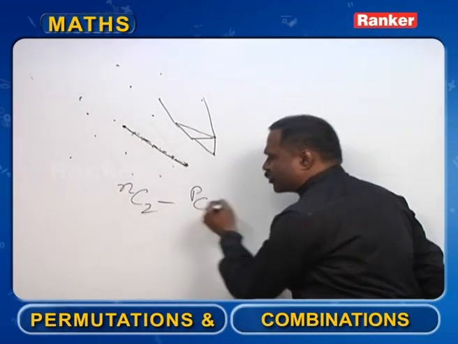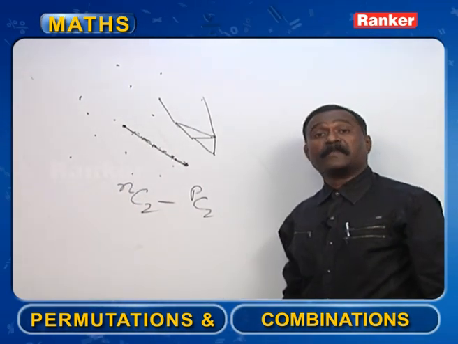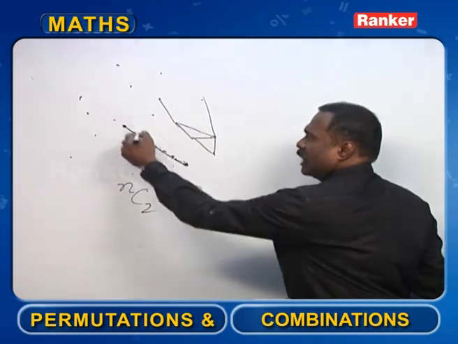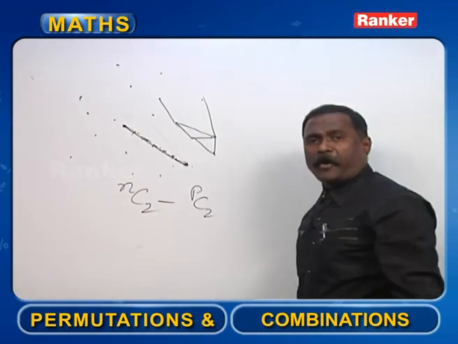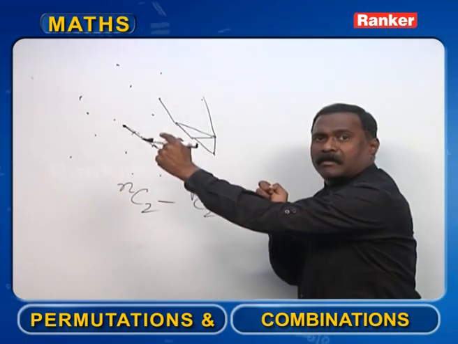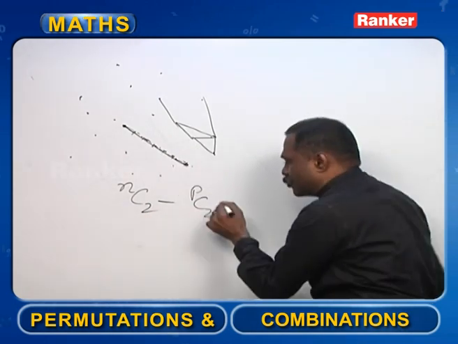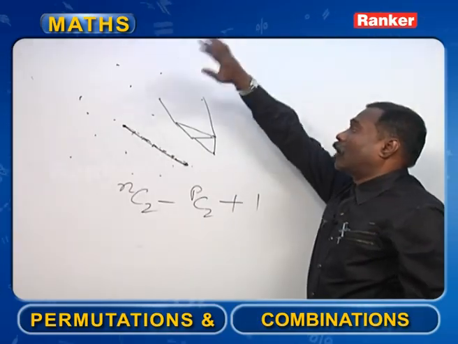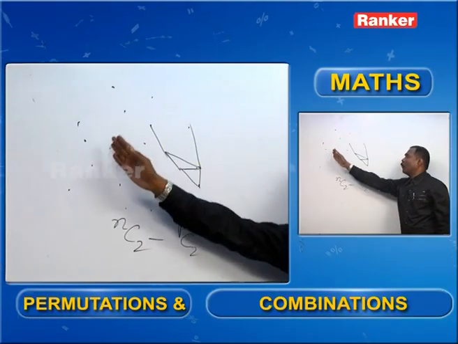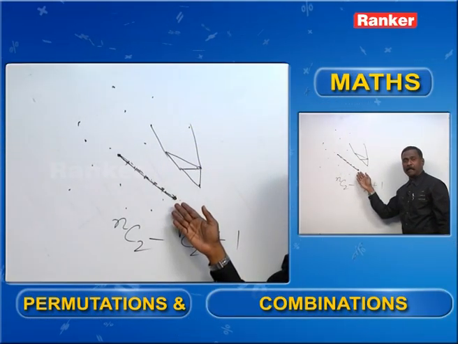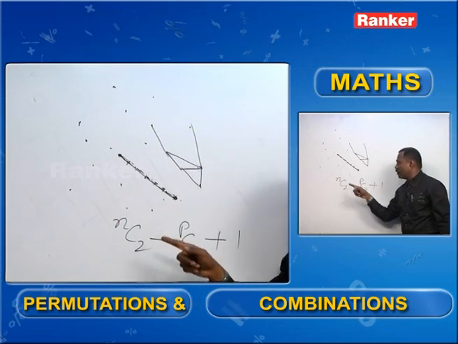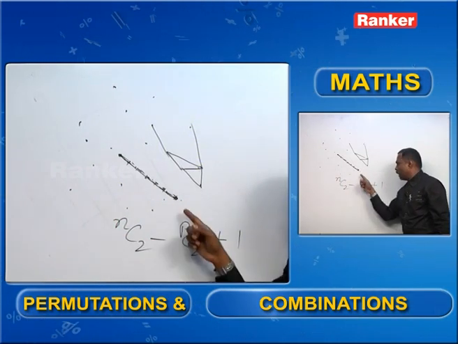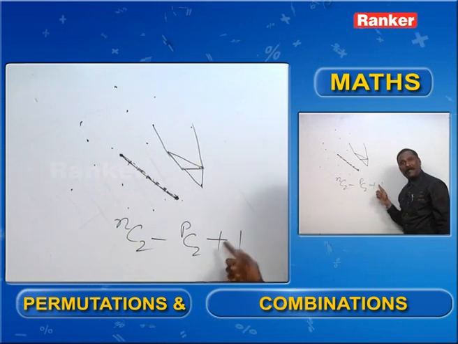That is why it is to be subtracted, NC2 minus PC2. But the entire P points form a single line. That single line is of course to be added. So plus 1. So when on a plane n points are there, among them P points are collinear, then the number of lines that can be formed are NC2 minus PC2 plus 1.